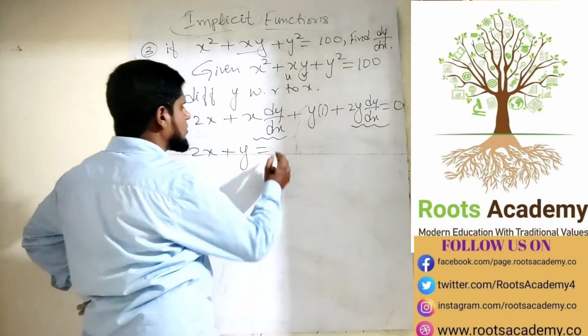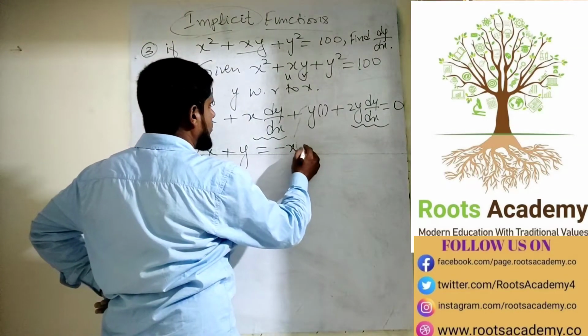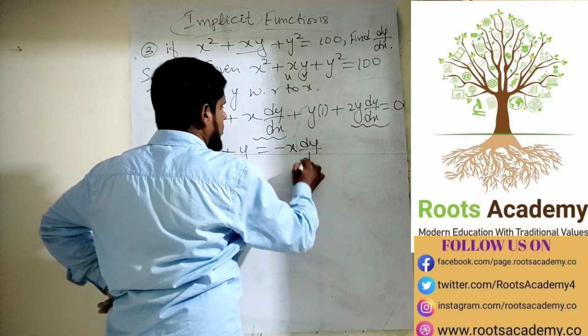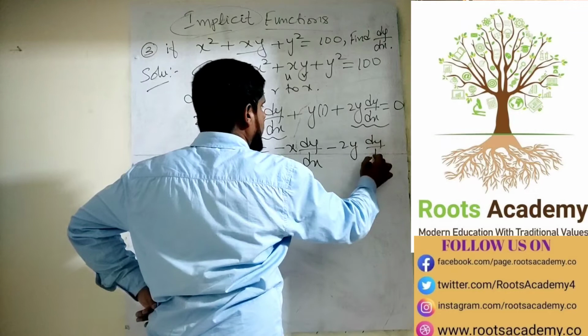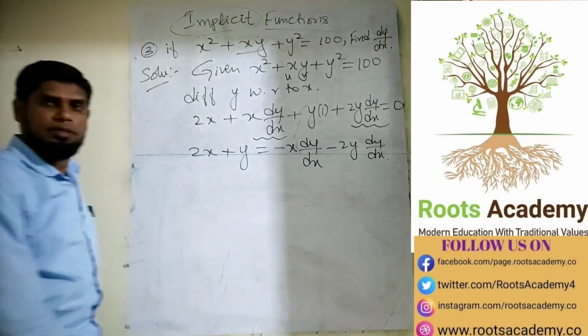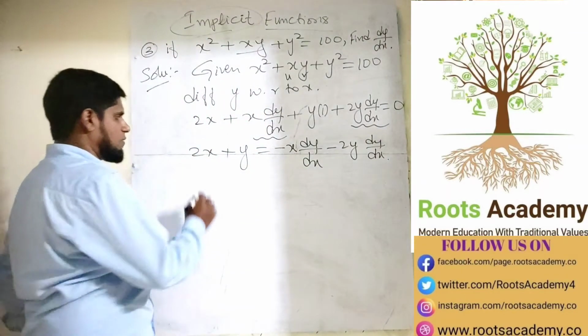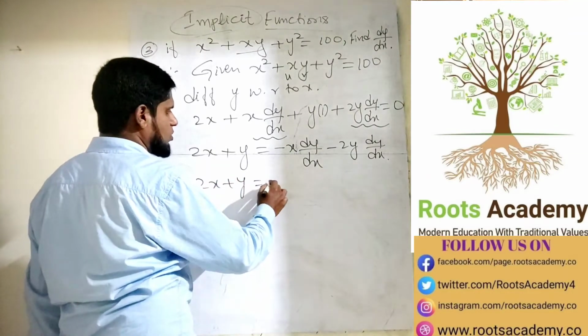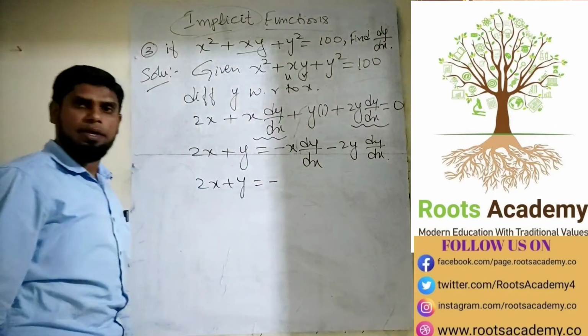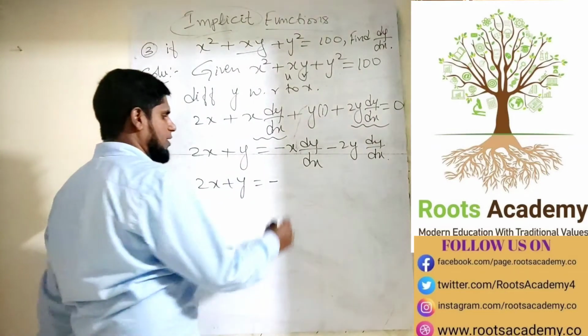If I shift the terms, we get a negative sign: minus x dy by dx minus 2y dy by dx. After that, 2x plus y is equal to minus dy by dx, which is common here.